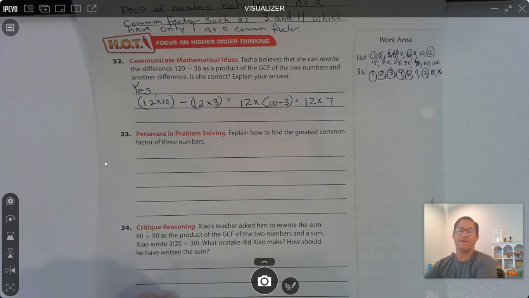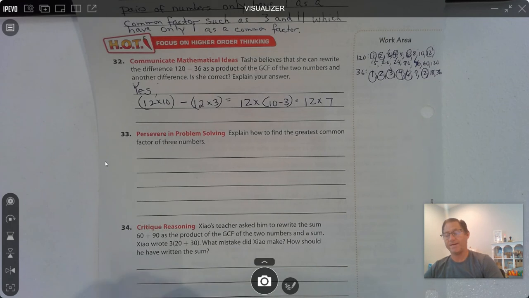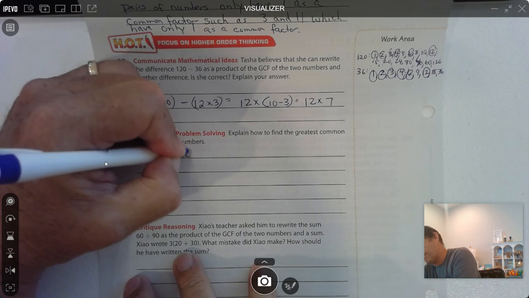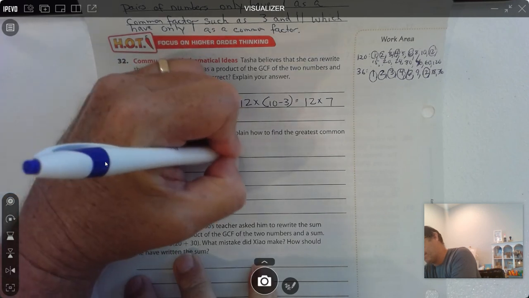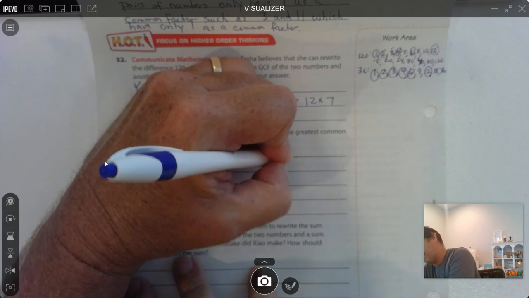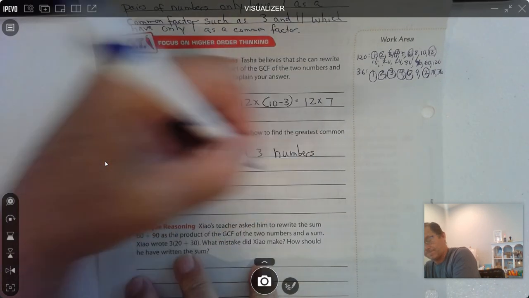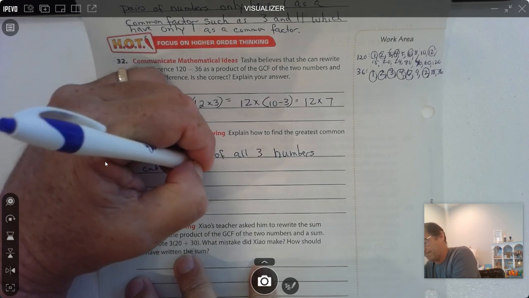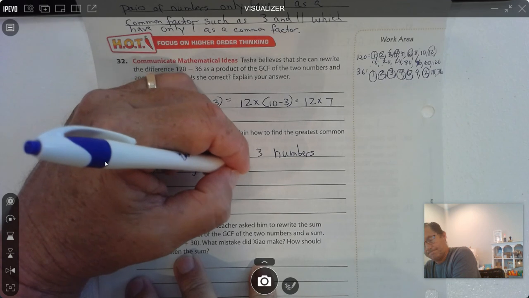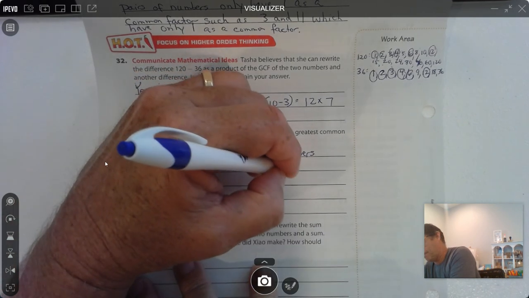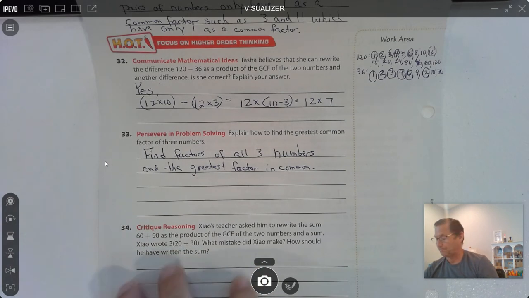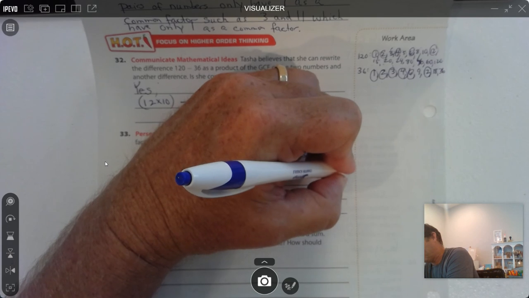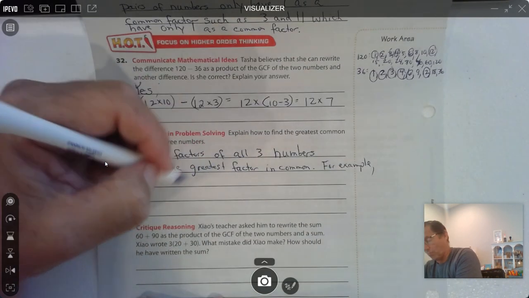All right, 33. Explain how to find the greatest common factor of three numbers. Well, we've got to find the factors of all three numbers and the greatest factor in common. For example, 4, 8, 12.